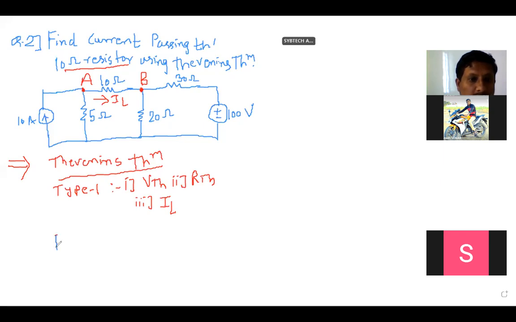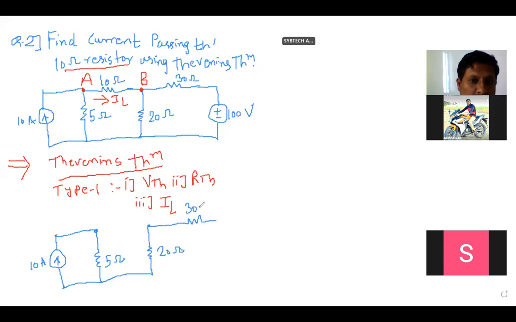Here the first step is to open the two terminals with respect to which you are finding the Thevenin's equivalent circuit. That is the first step. So the 5 ohm is open now. This is 20 ohm. This is 30 ohm.